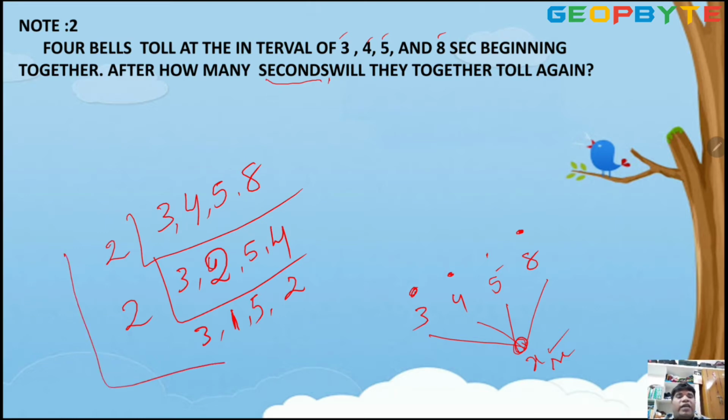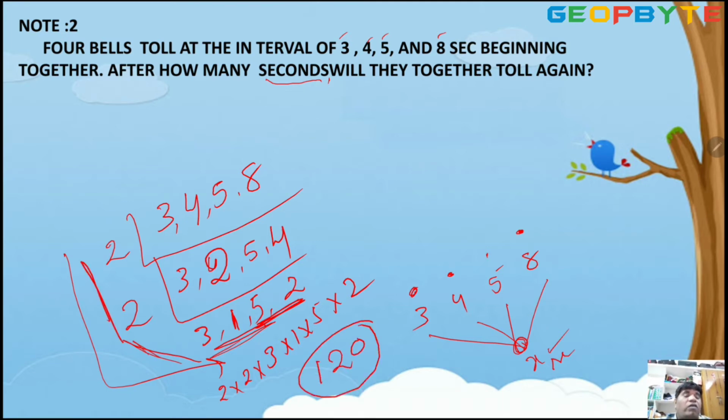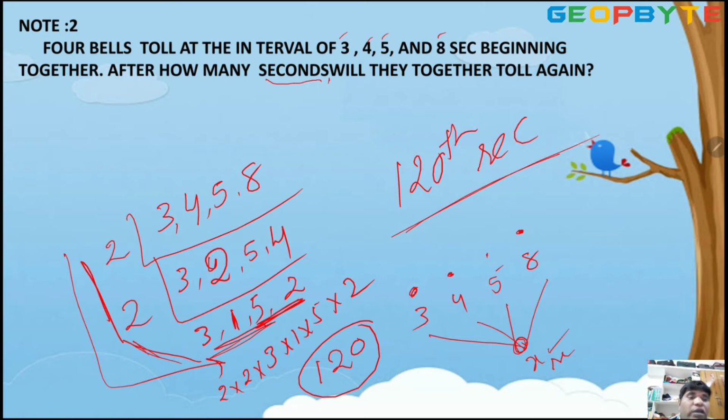So take the product of the L-shaped numbers: 2 into 2 into 3 into 1 into 5 into 2. So 5 twos are 10, 10 threes are 30, 30 twos are 60, 60 twos are 120. So the LCM is 120. So at the 120th second they toll together.